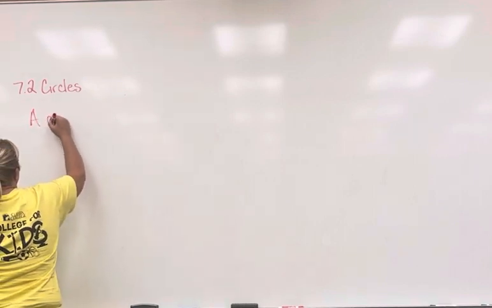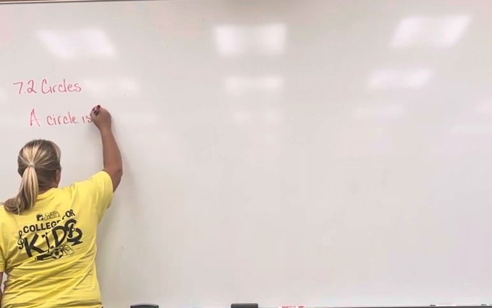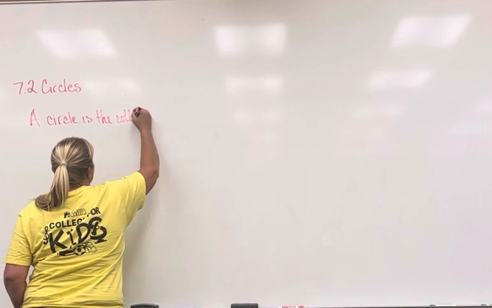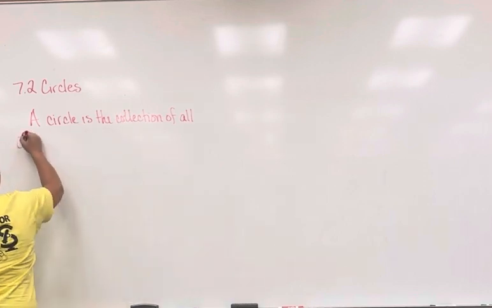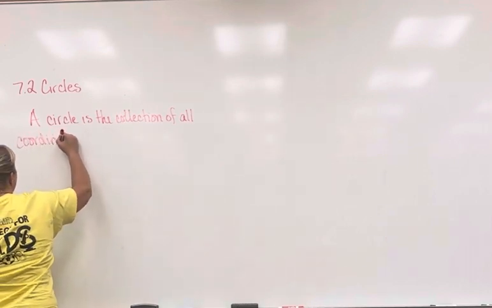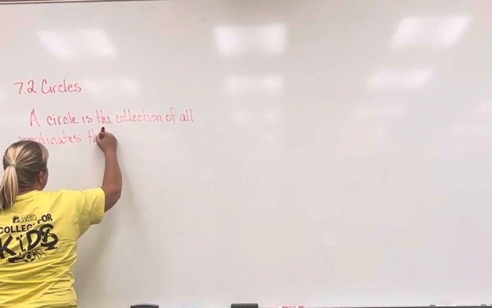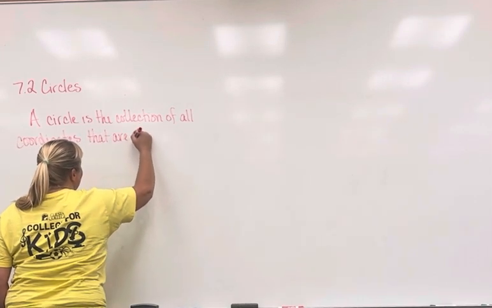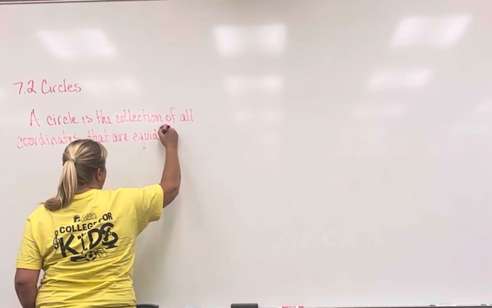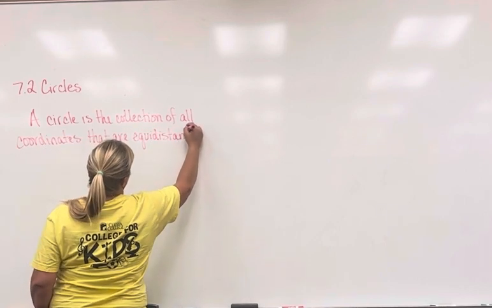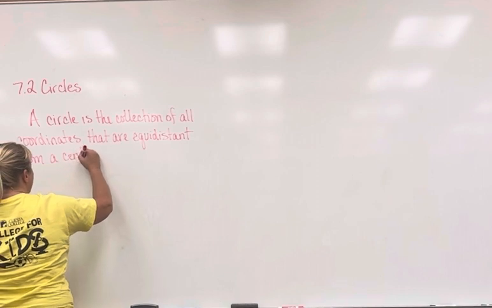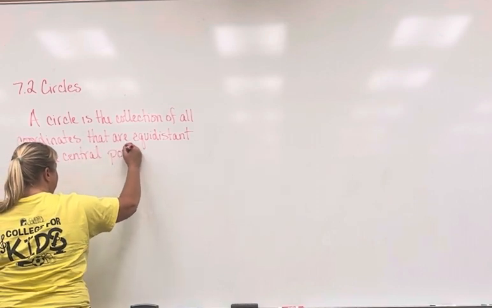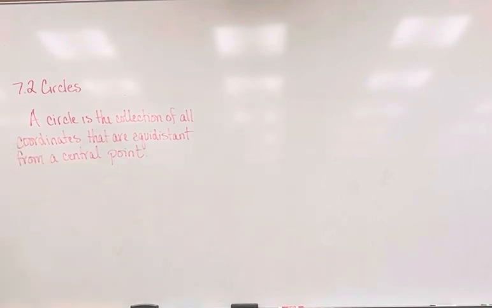A circle is the collection of all coordinates that are equidistant, or equally distant, from a central point. Okay, so that is the true definition of a circle.